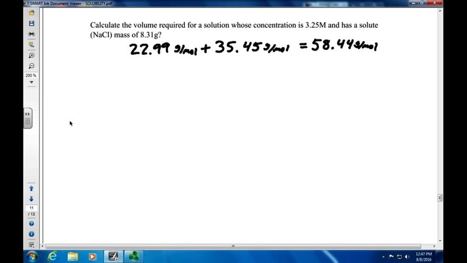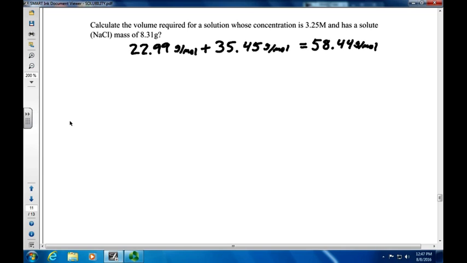We are given the mass in this instance. What it's asking for is volume. We know that the equation for molarity includes moles and liters.